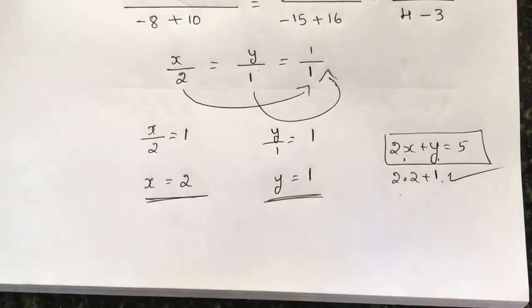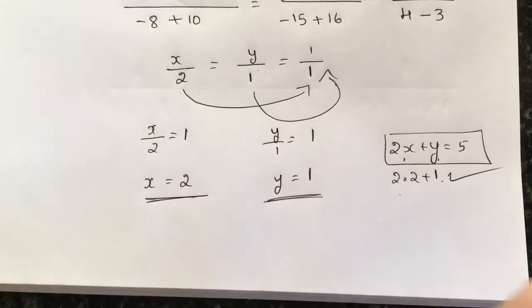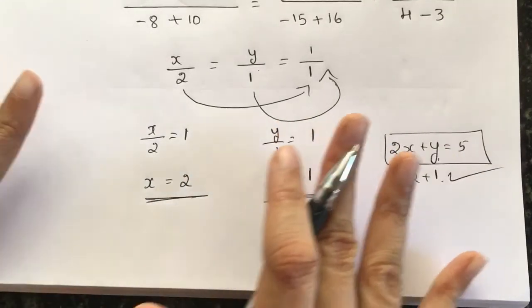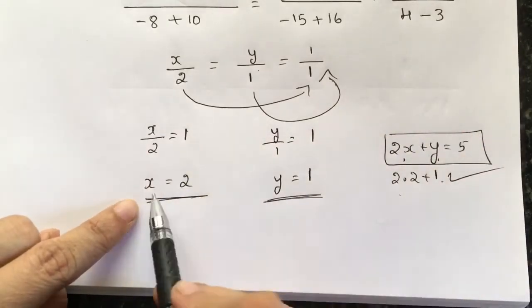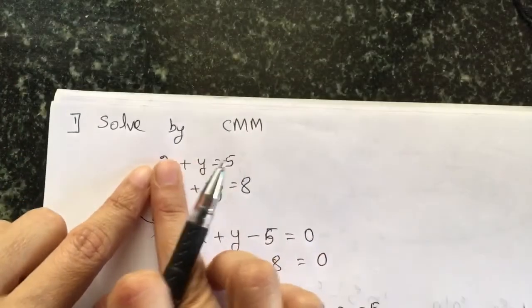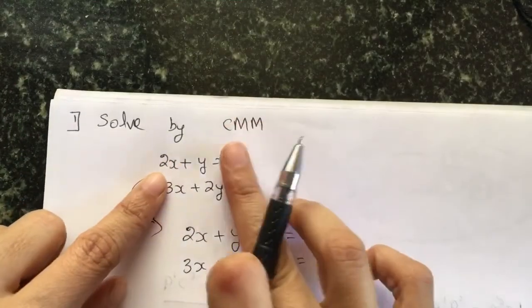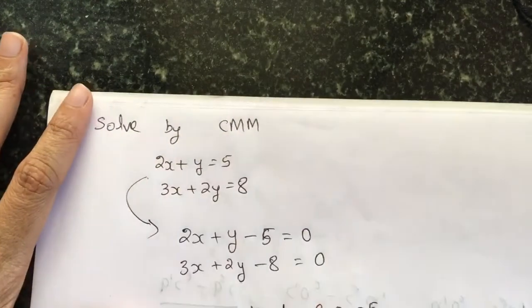Correct. Always do the cross checking whether your answer is correct or not. Not only in this method, in every method you just check with the values you are getting. Substitute in the left hand side of any one of the equations and check whether you are getting the proper right hand side. If it is fine, then your answer is correct.